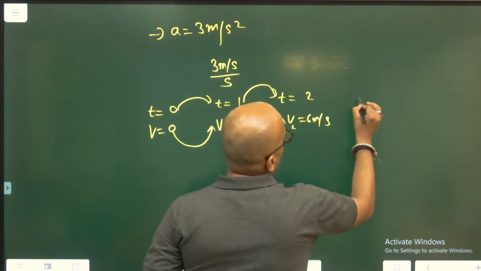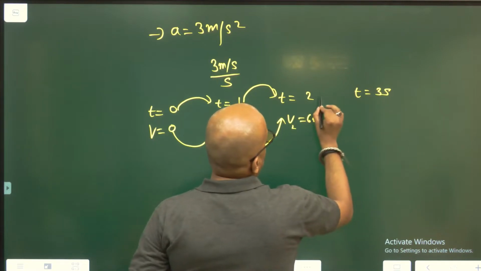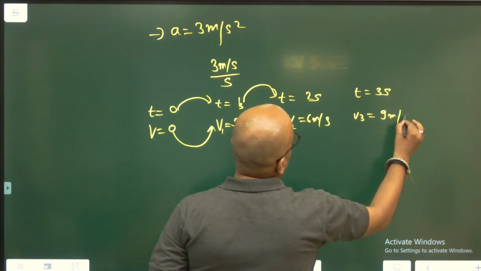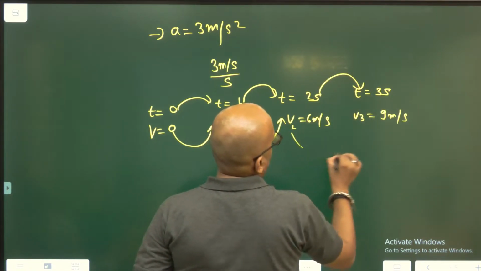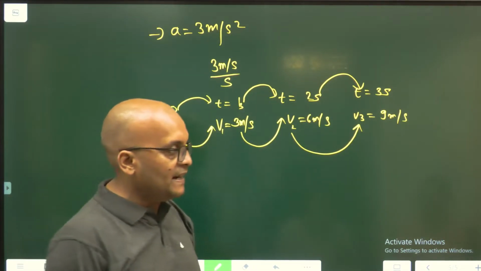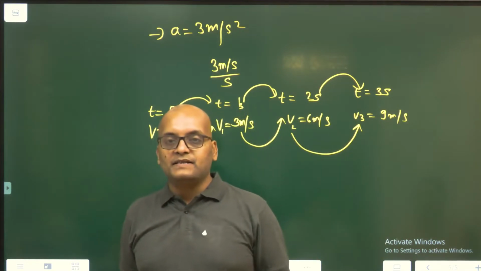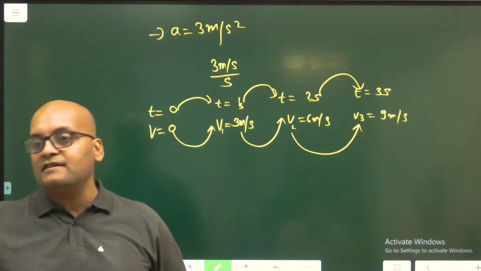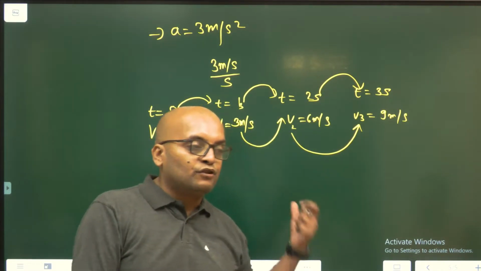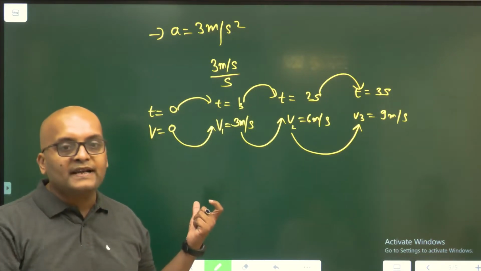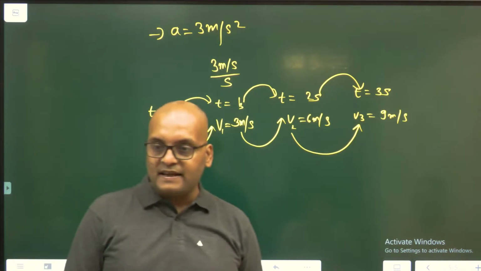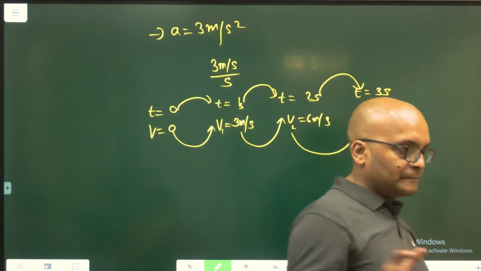At t equals 3, velocity will become 9 meters per second. That means velocity is increasing per second by the rate of 3 meters per second. Every second, there is an increment of 3 meters per second in velocity. That's what acceleration means. Got it or not? Clear or not?